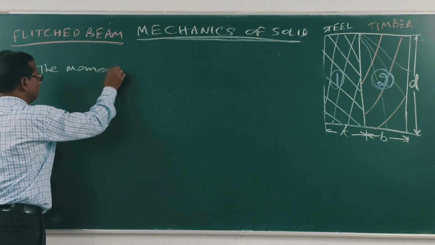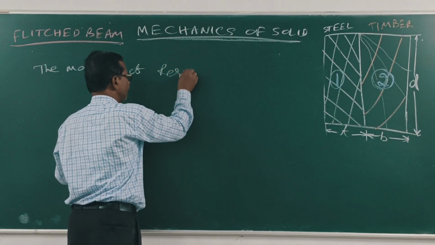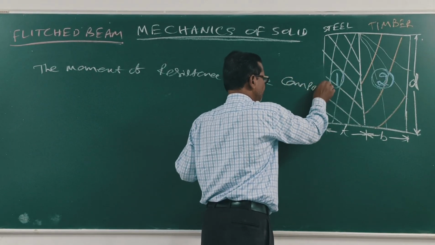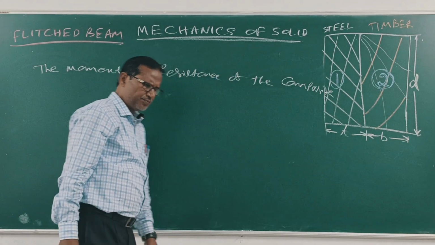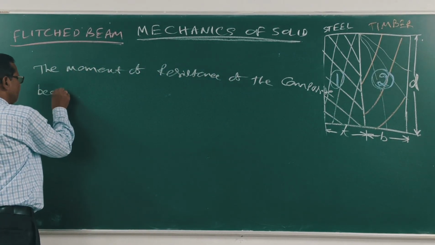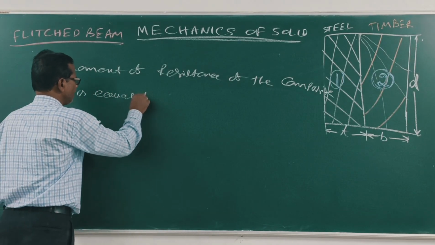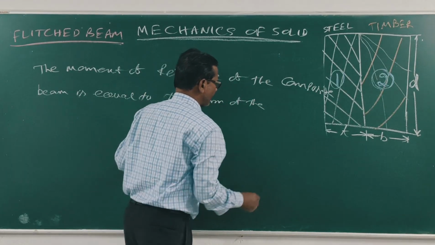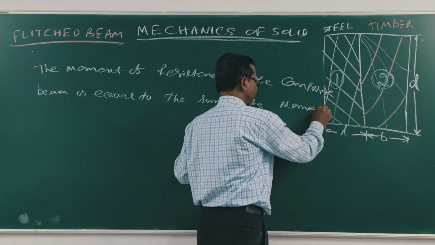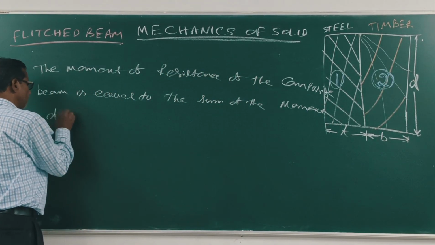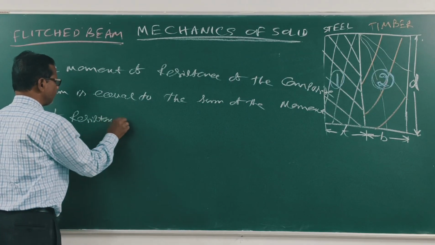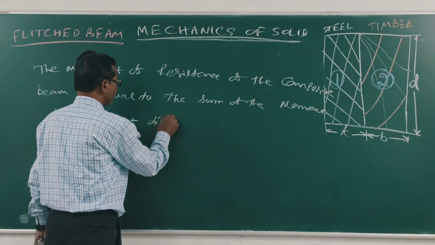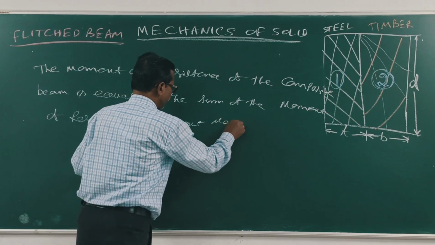The moment of resistance of the composite beam is equal to the sum of the moments of resistance of different materials.